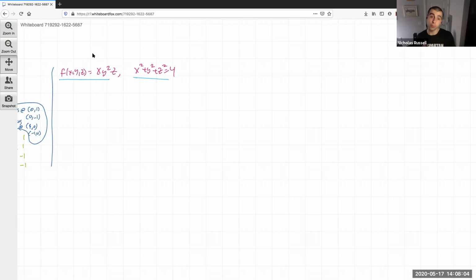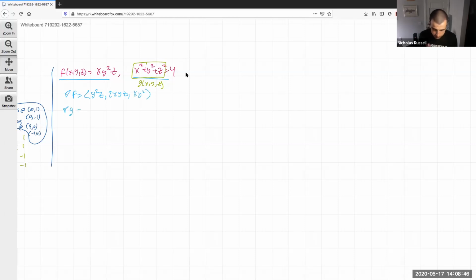Now this is 3 variables, which becomes a little bit more taxing, but we can still go ahead and do it. It's the same exact process as before. I'm going to name the constraint function g(x, y, z). This is actually a sphere, so we're trying to find where this function is maximal on a sphere of radius 2. We take the gradient of f, which is a 3-dimensional vector: y squared z, 2xyz, and xy squared.